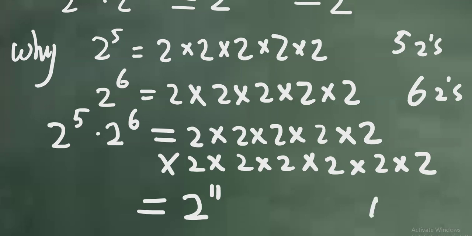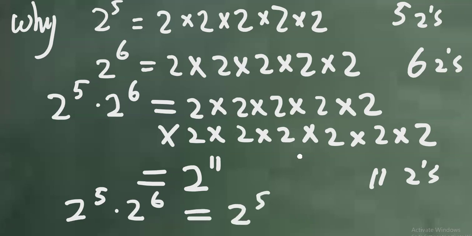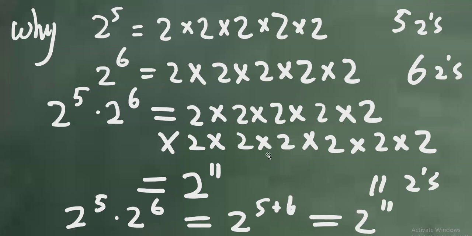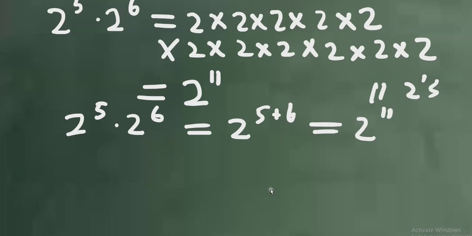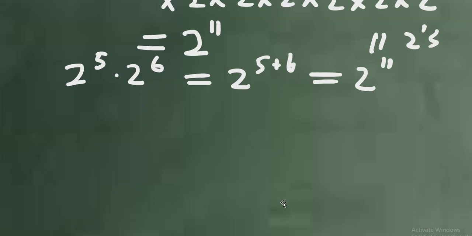It means 2 to the 5th power multiplied by 2 to the 6th power equals 2 to the 5 plus 6 power, which equals 2 to the 11th power. This is how we calculate when two components multiply: we add the powers and the base has no change.